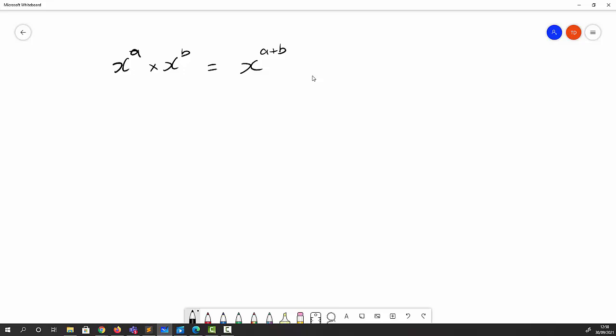So dividing, so x to the a divided by x to the b, so it's the same, but instead of multiplying it's dividing, and that is the same as x to the a minus b. Okay, so that's subtracting the powers.